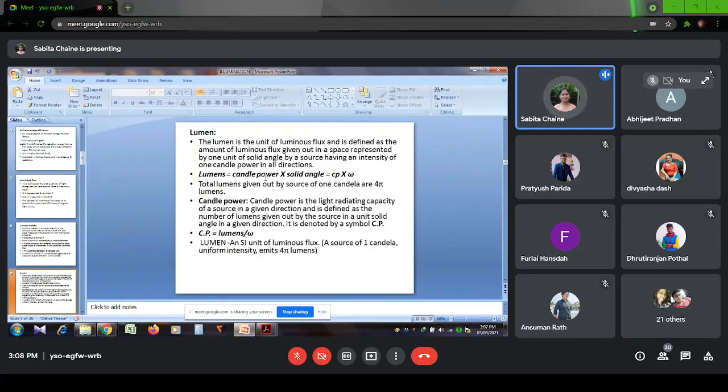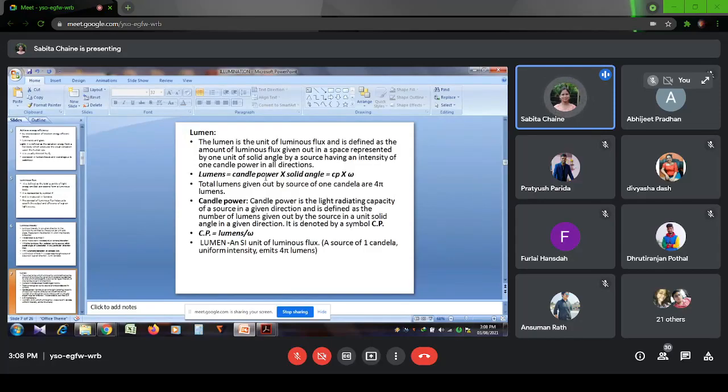So omega will be area divided by radius square, that is 4 pi r square divided by r square. So omega will be 4 pi steradian. Clear or not?